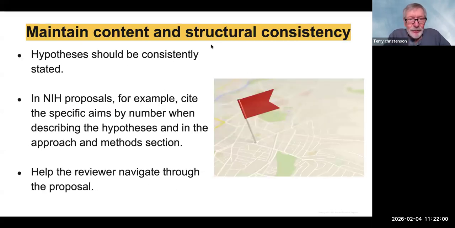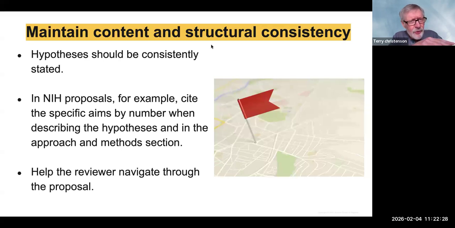Maintain content and structural consistency. I see this a lot, where we may have a research question or hypothesis in a background section, and then later on in an approach or a method section, all of a sudden the research question and hypothesis has morphed into something different. What does that force me to do? Well, it does a couple of things, but as a reviewer or a panel member, it forces me to go back and say, well, wait a second.